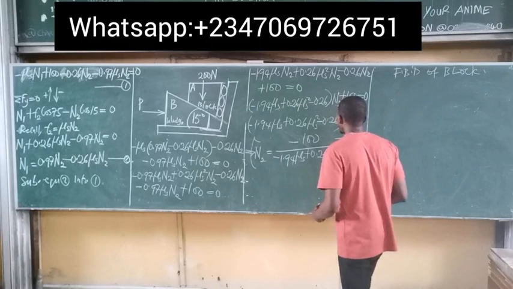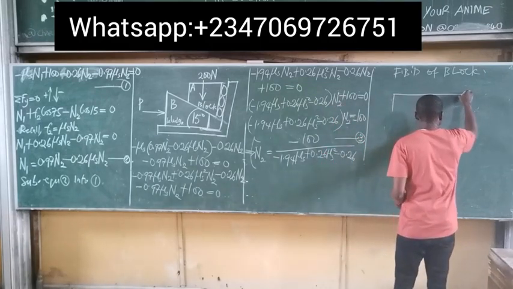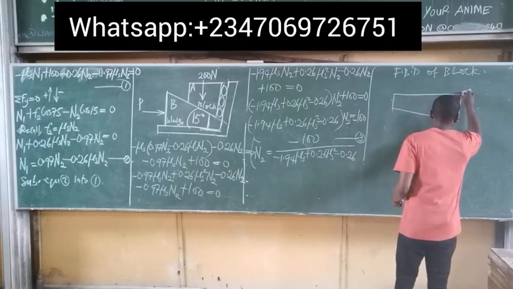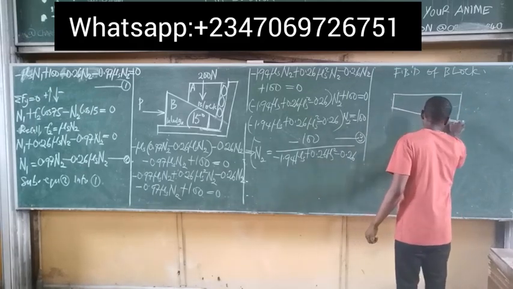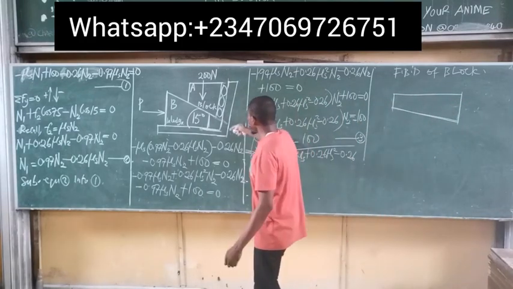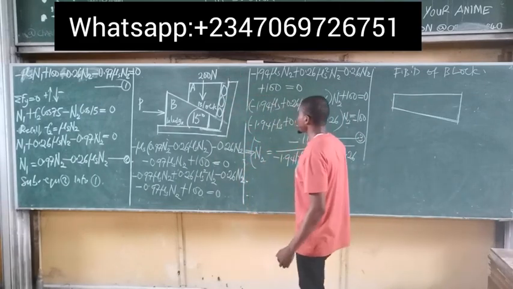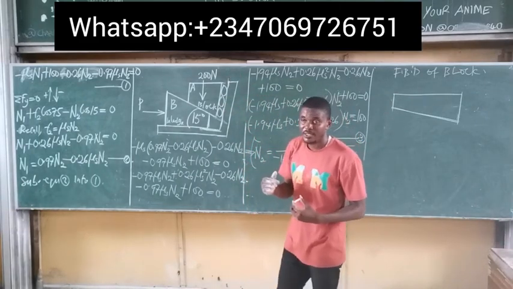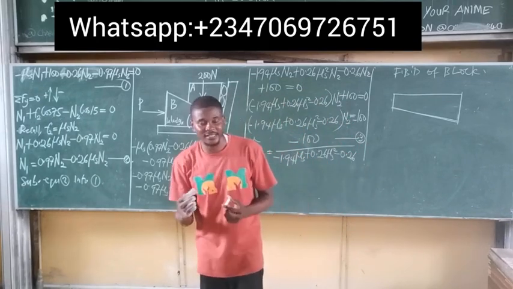So let's pull out the block. We simply have this, and of course this. On this side of the block, the vertical wall, we have a roller support. For a roller support, we have just one reaction. That reaction is always normal to the surface, at 90 degrees.